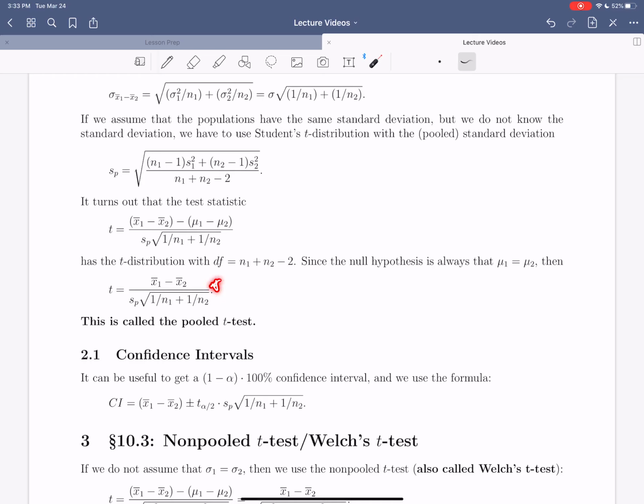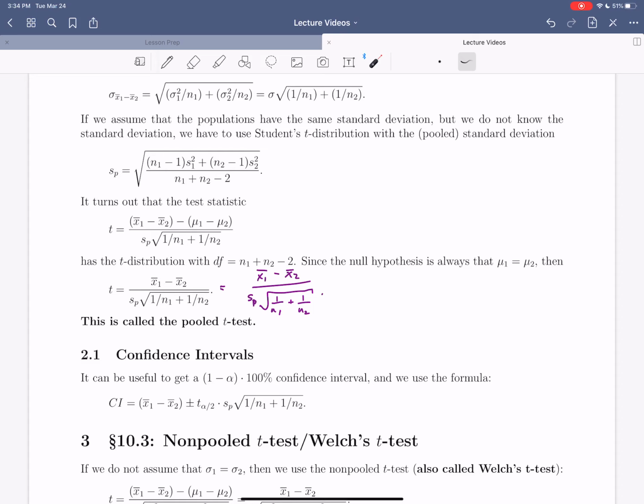So our test statistic is x1 bar minus x2 bar all over s sub p times the square root of 1 over n1 plus 1 over n2. When we write 1 over n1 plus 1 over n2, that's the order of operations we mean. That's called the pooled t-test because you're pooling the standard deviations.